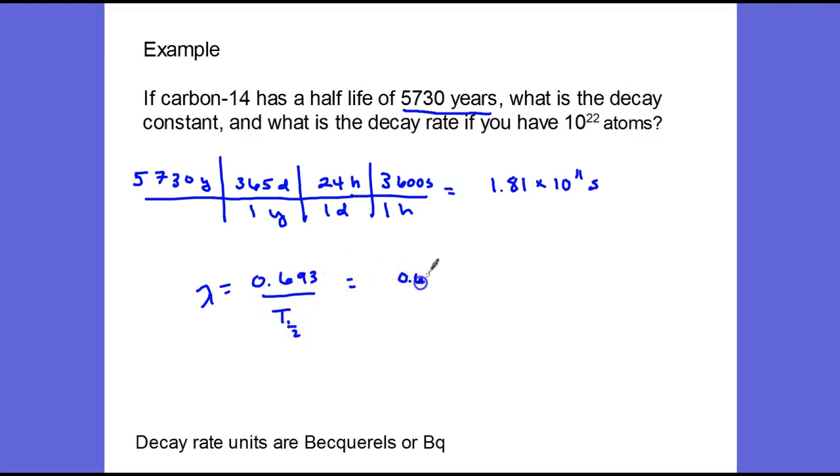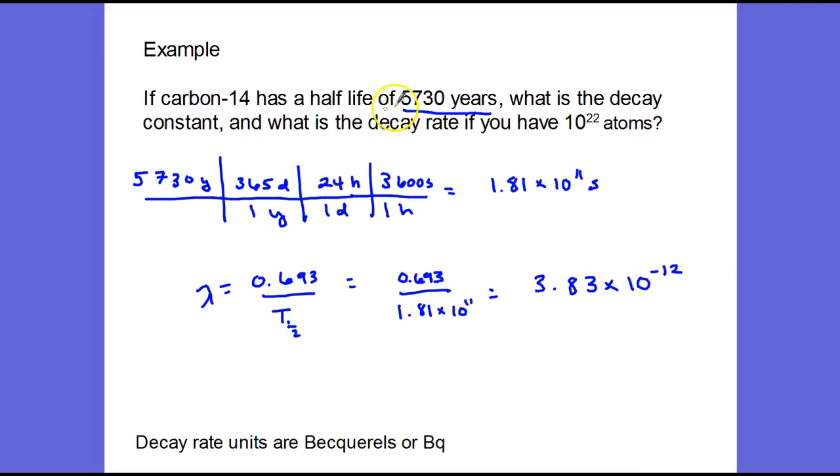So 0.693 divided by 1.81 times 10 to the 11th. It's going to be really small. That gives 3.8 times 10 to the minus 12.